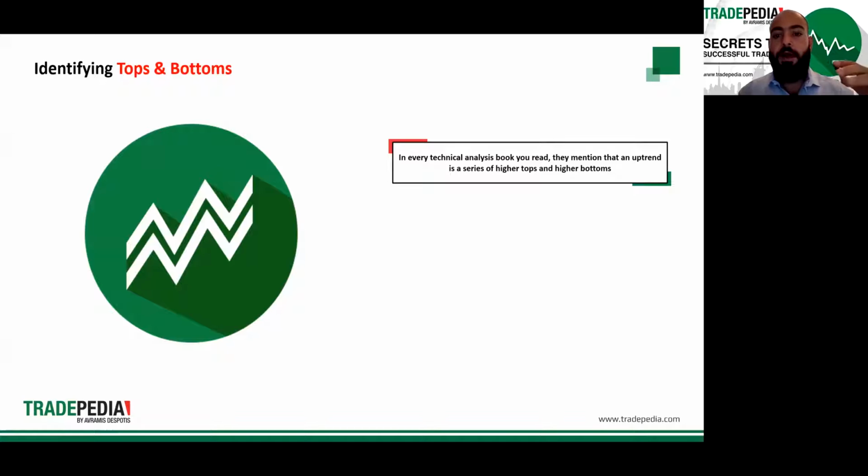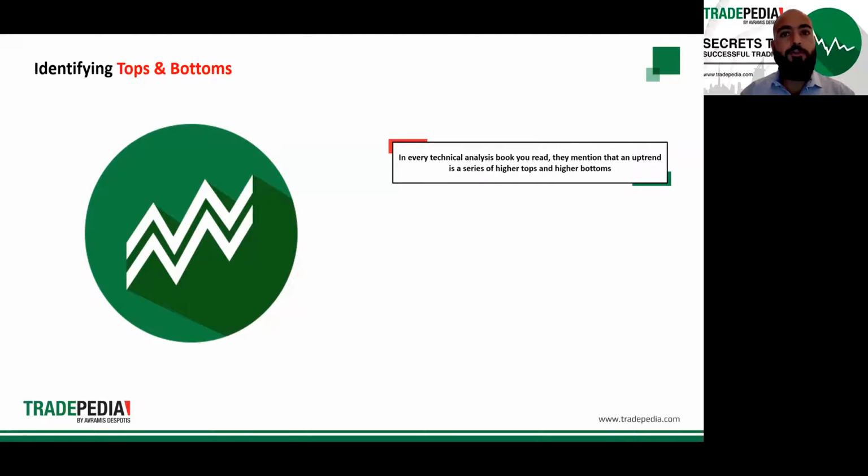It is made up of a series of lower tops and lower bottoms. And there is the range, which is characterized by tops and bottoms being on the same horizontal level. So it is easy to identify a trend.